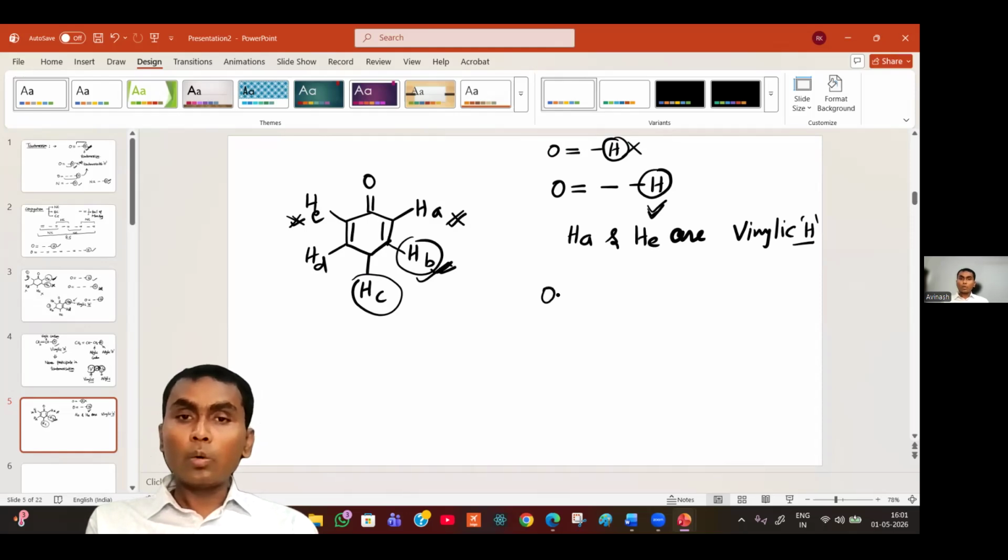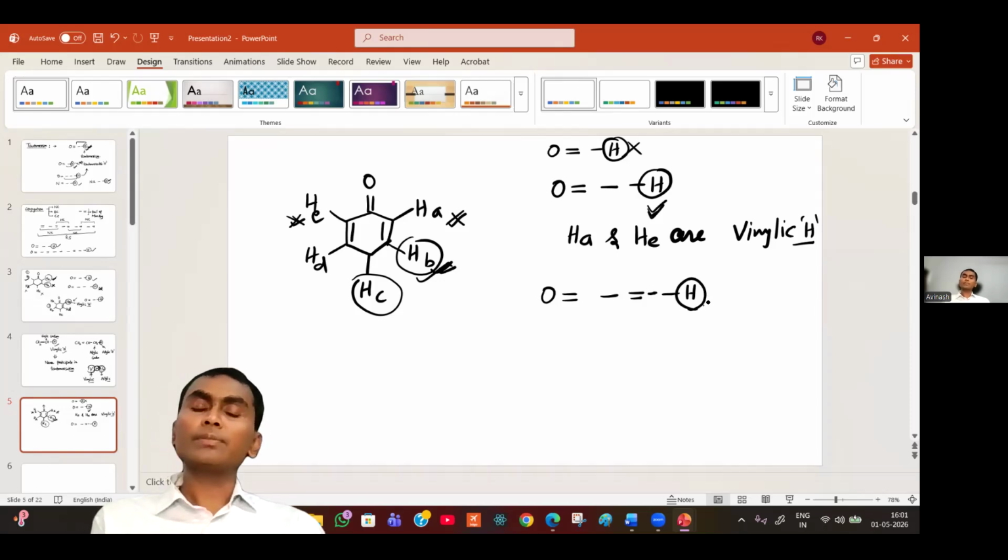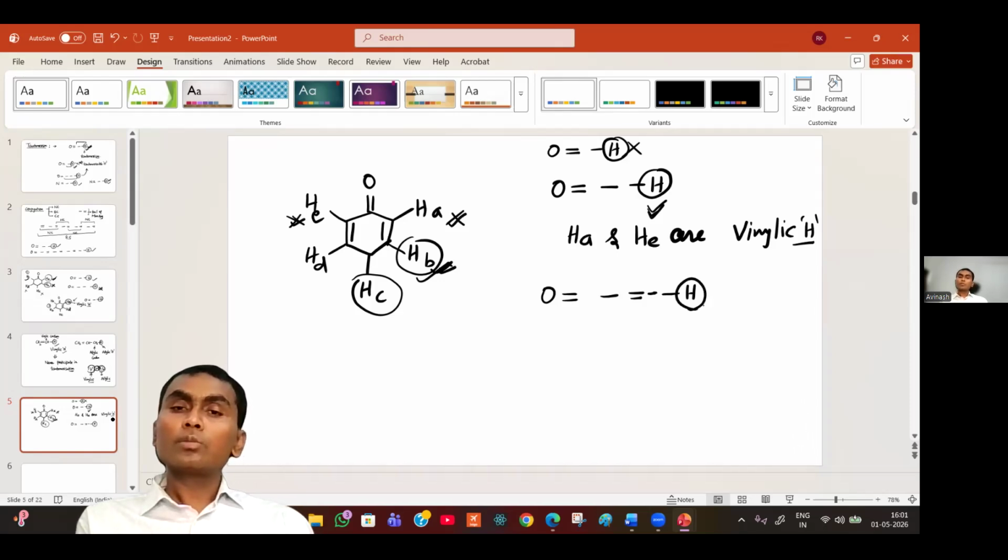This is like O double, O double single hydrogen, so this will take part in tautomerization. What is tautomerization we will consider here, but how tautomerizable hydrogen we see here, this is the only condition: O double single hydrogen. More electronegative element, then multiple bond, then single hydrogen. Okay.